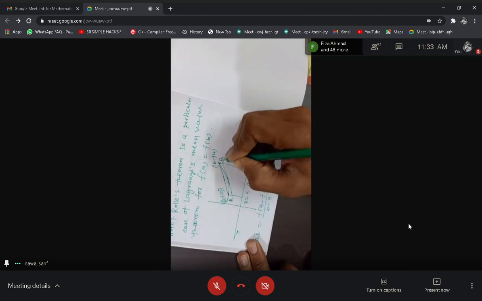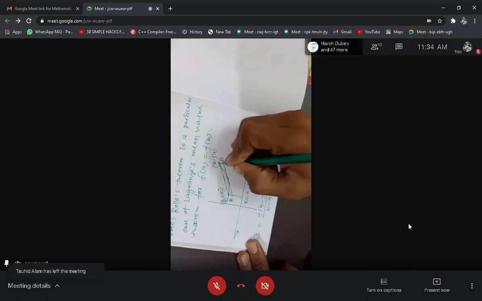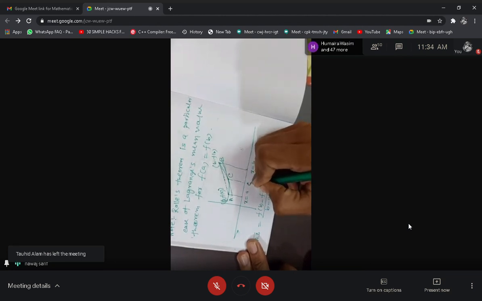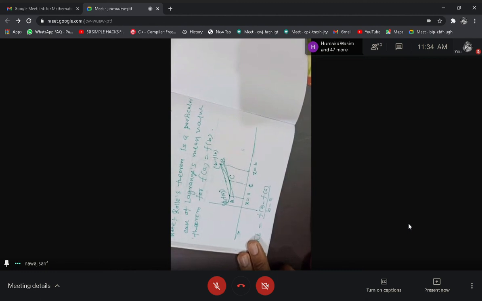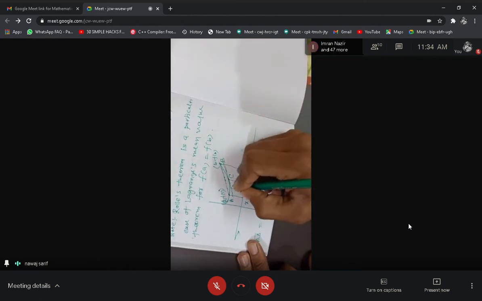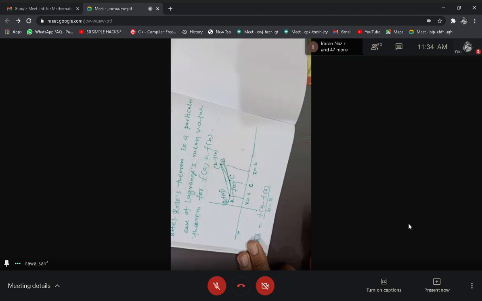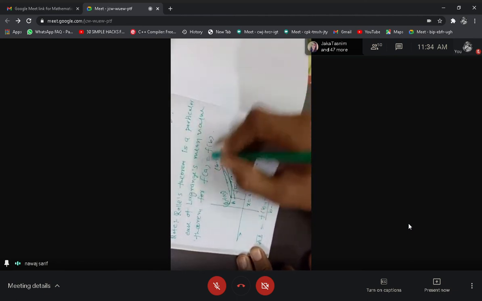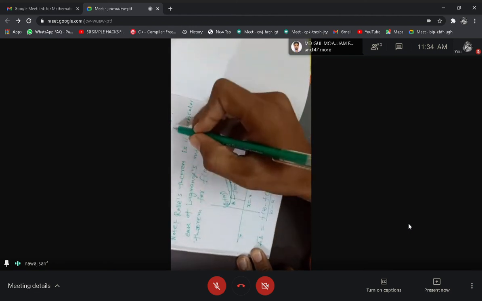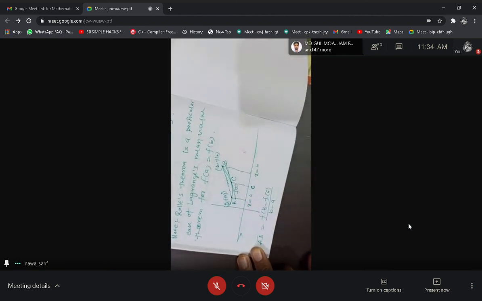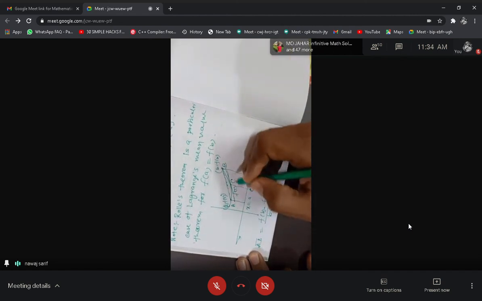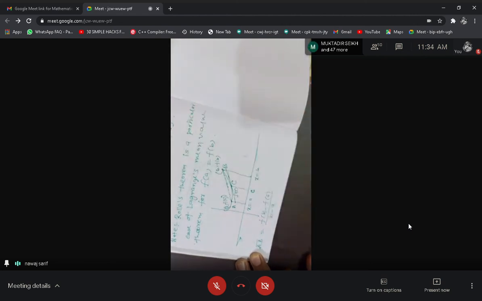That means this is a tangent at point C, so this is f dash C. And this tells us that f of B minus f of A by B minus A is f dash C. That means the chord joining these 2 points A and B is parallel to the tangent of this curve.